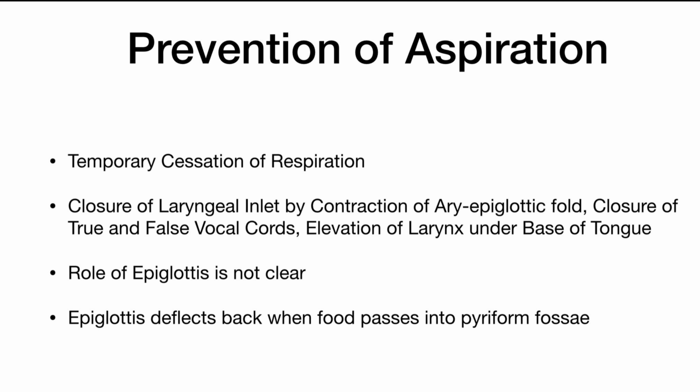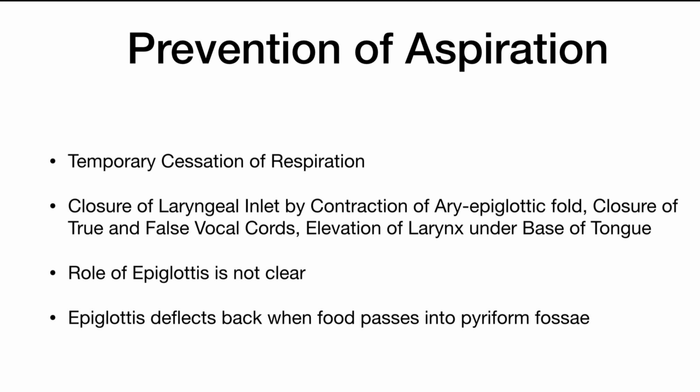Step two is laryngeal inlet closes by contraction of aryepiglottic fold, closure of true and false vocal cords, and elevation of larynx under the base of the tongue. A common misconception is all of this is done by the epiglottis. That is not correct. The role of epiglottis, in fact, is not even clear. There are patients who have had their epiglottis removed surgically due to cancer treatment and they still don't have any problem with aspiration.